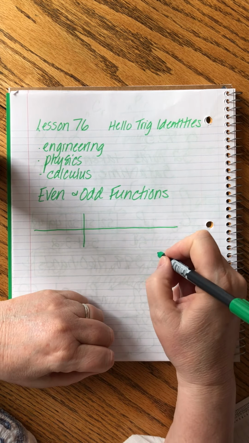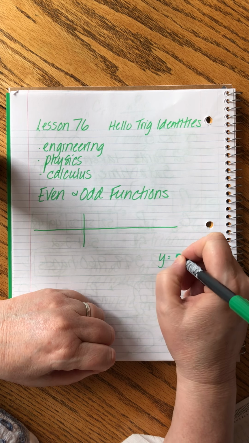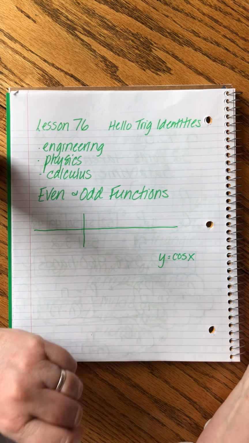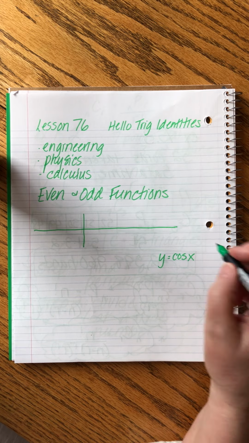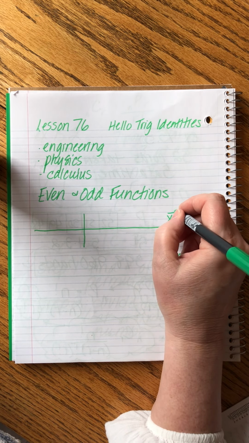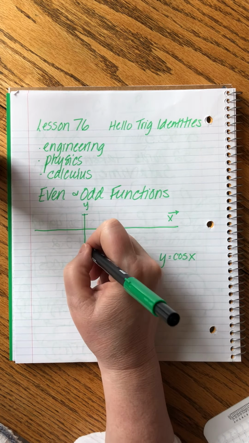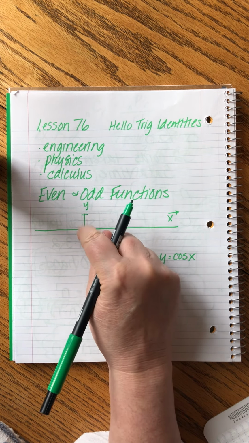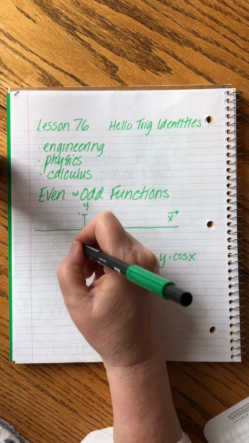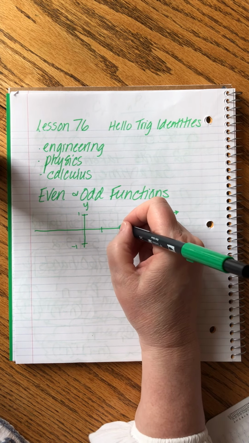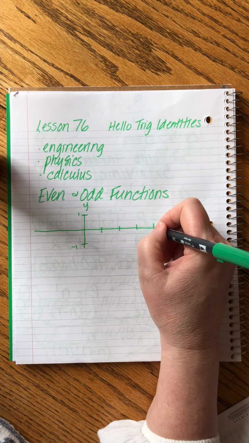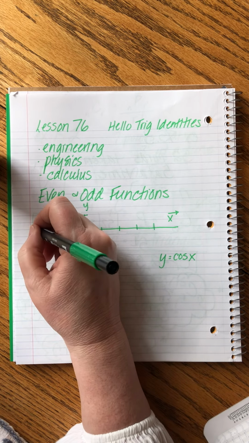So this is y equals the cosine of x, okay? So we know that this is where the x-axis goes, this is where the y-axis goes. We're not doing anything fancy with the amplitude or the center line, so we can just call that 1 and minus 1. And we're not doing anything fancy with the periods or the phase angles.